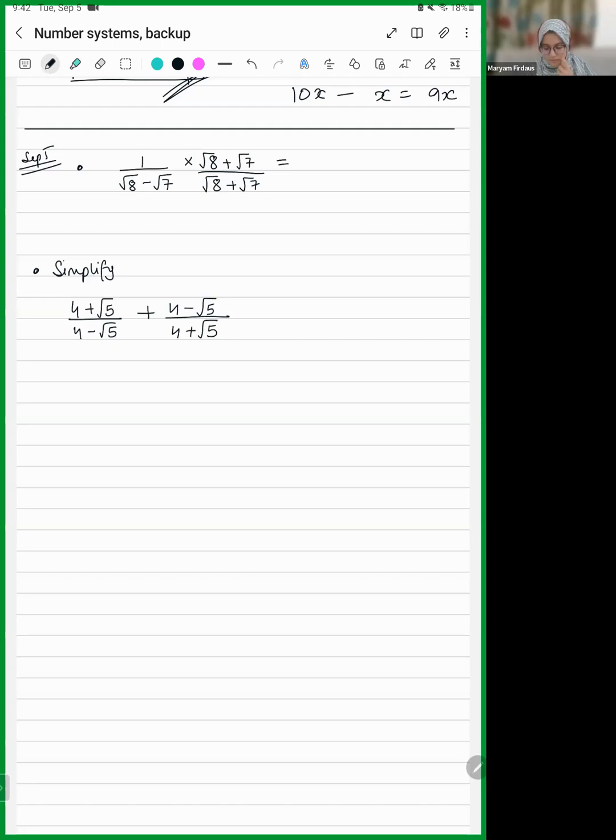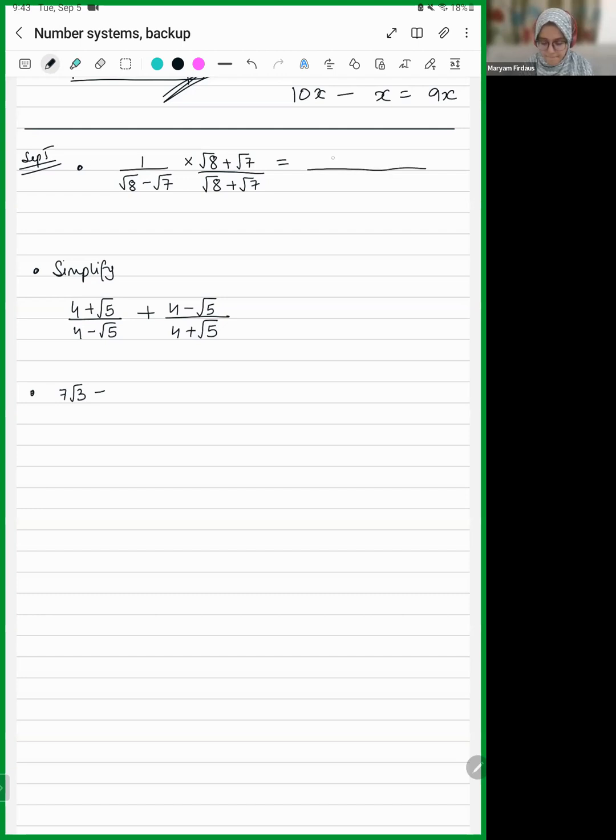Munir, first one. Yes, what have you gotten? Yes, Munir? Yes, ma'am. We have to write. What will be there in the numerator now?